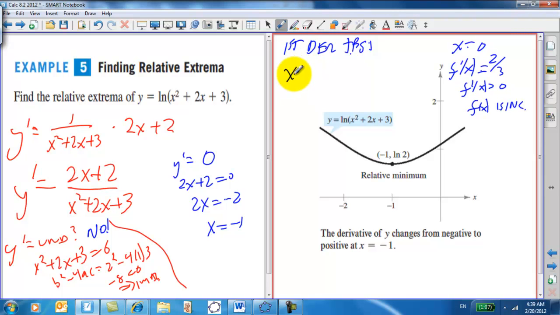And if we try x equals negative 2 in this function down here, now you've got negative over positive, so that equals a negative. f prime of negative 2 is less than 0. So therefore, f is decreasing there. I'm sorry, if it's negative, it's decreasing.